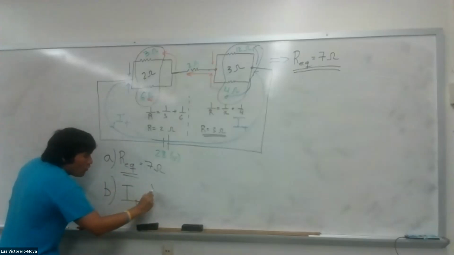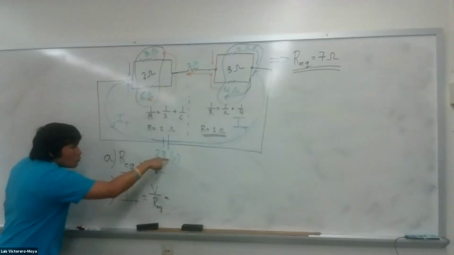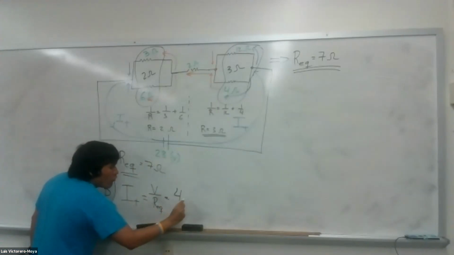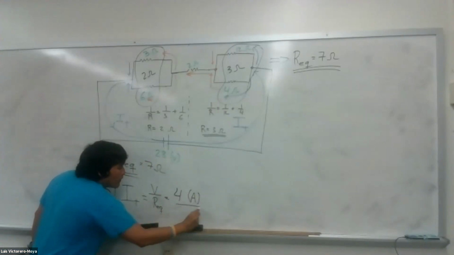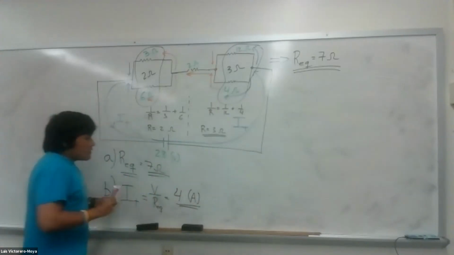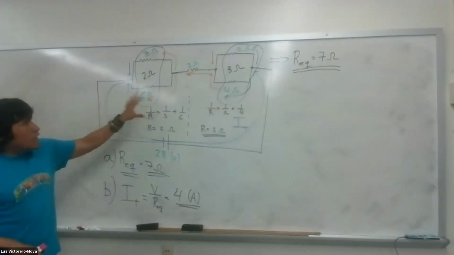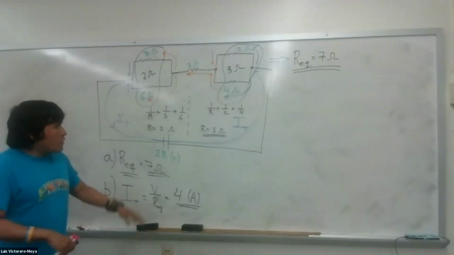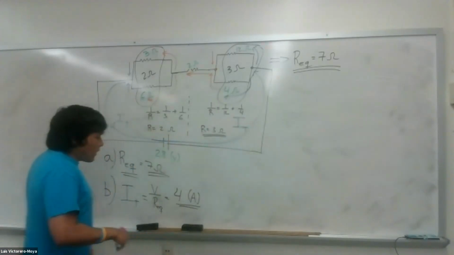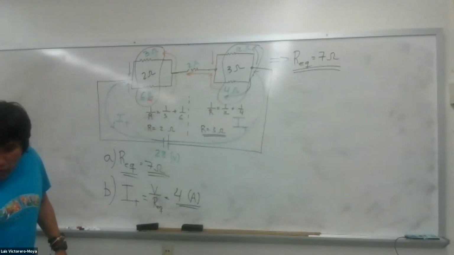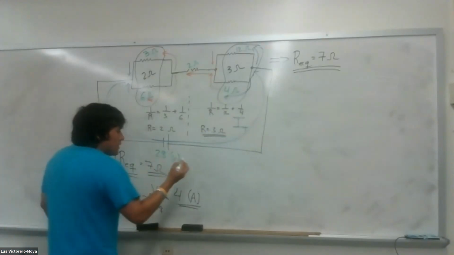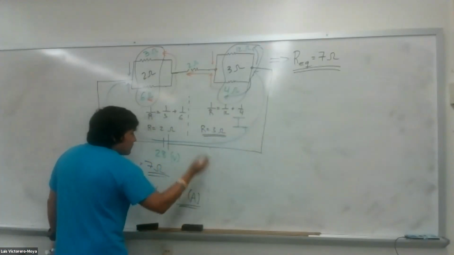Using Ohm's law, V over R equivalent. 28 divided by 7, 4 amperes. So I have half the problem, or even more than half of the problem solved. I found REQ, I use it to find the current on the circuit, 4 amperes. Perfect. Now, let's split the currents.